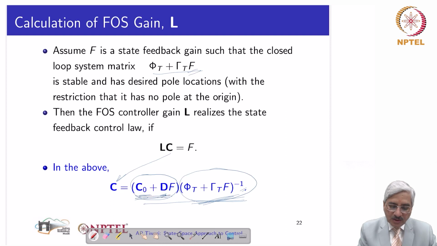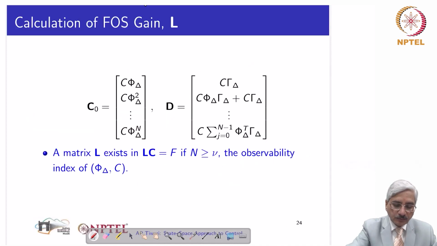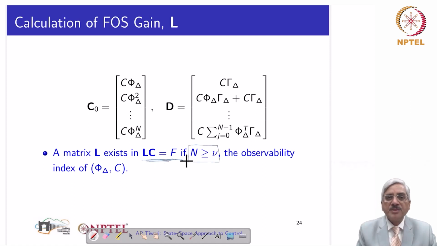So we know this as well as this, and so we know C, and so we can solve for L. So if this LC is equal to F, the condition for this solution is that the number of sub-intervals in T should be greater than or equal to nu, the observability index of the system.